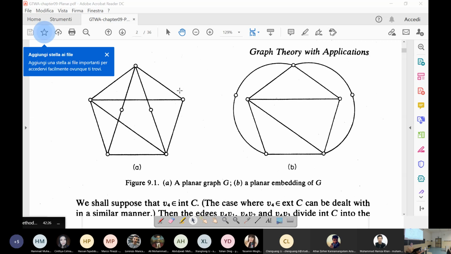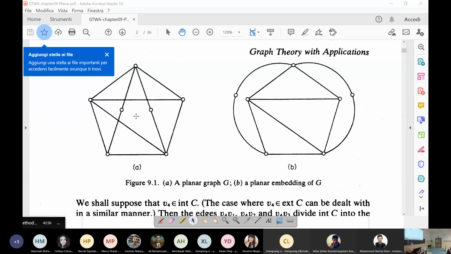There might be an interest in knowing whether it is possible or not to draw a diagram of a graph in this way, okay? So this is a planar graph because there is an isomorphic graph, which is this, which is plane embedded in the plane. So because there is a plane graph, this, which is isomorphic to it, okay?